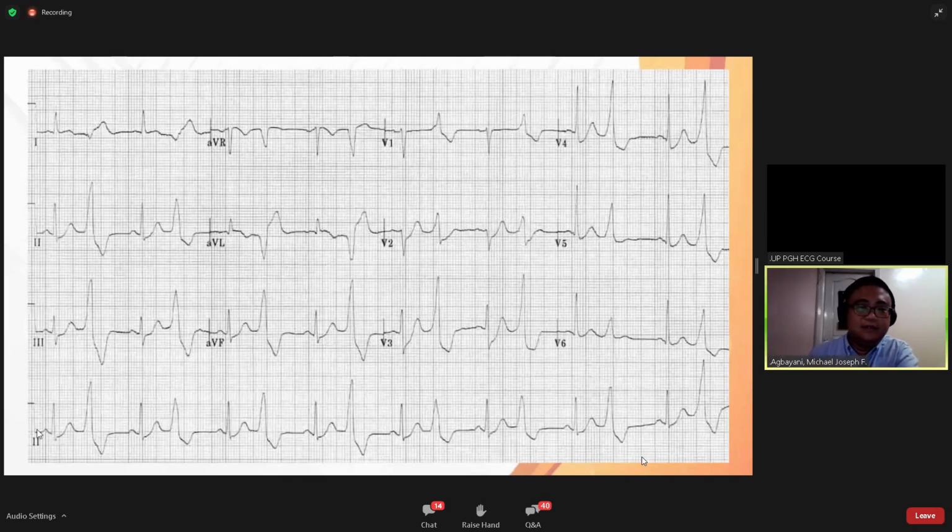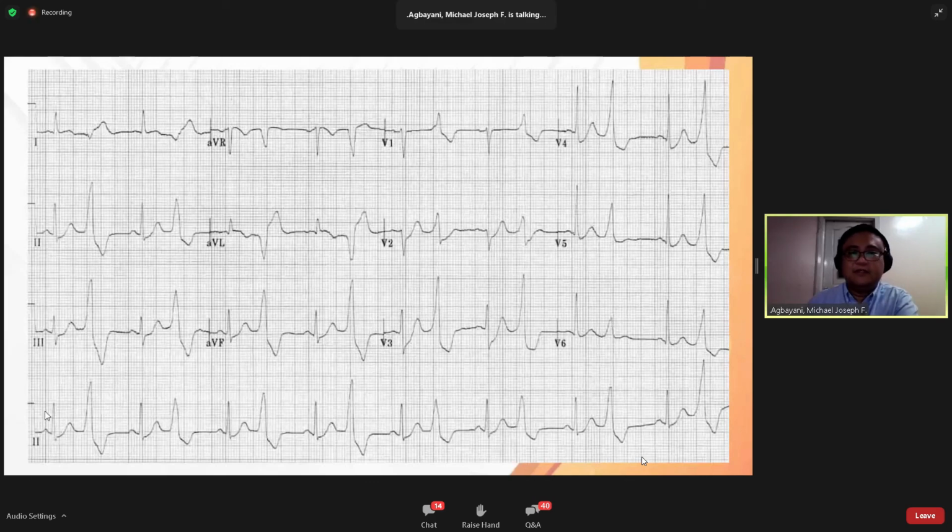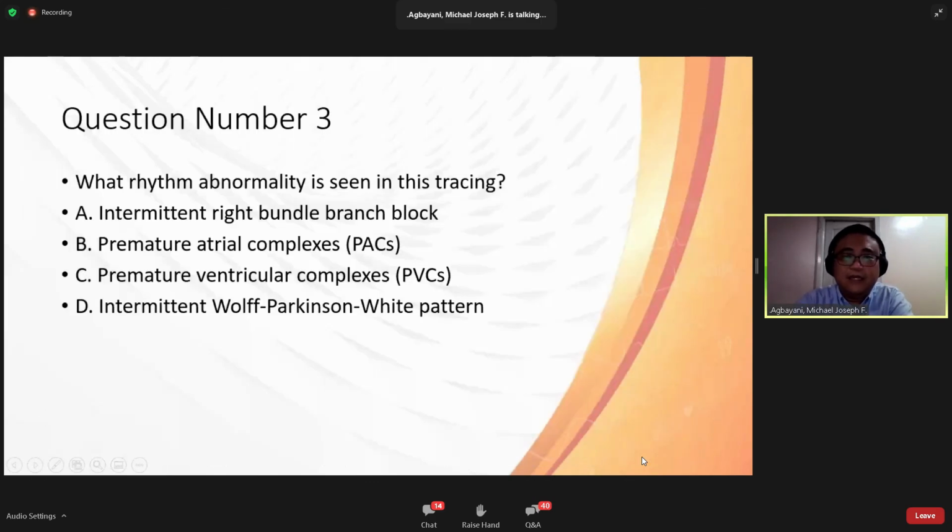Let's go back to the question. Rhythm abnormality seen in this tracing. A, is it intermittent right bundle branch block? B, are we seeing premature atrial complexes? C, are we seeing premature ventricular complexes? Or D, are we seeing an intermittent Wolff-Parkinson-White ECG pattern? Can we have the poll?